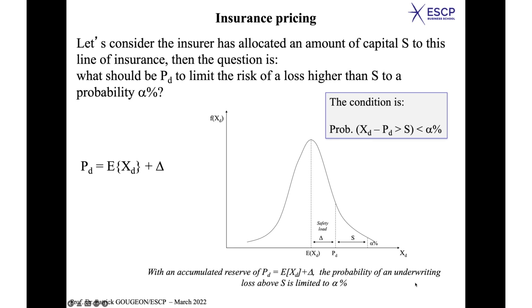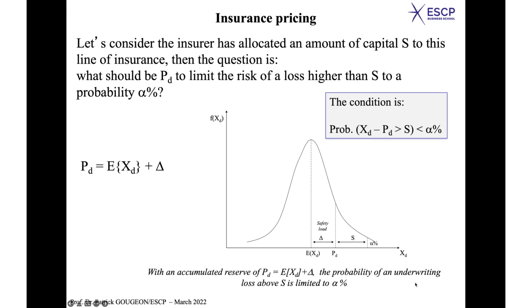You look at PD here. First of all, let's start with alpha %. Alpha % on the right side corresponds to the probability to have a loss which is higher than S, okay? Because if you have PD fixed here, you see the probability of XD minus PD to be higher than S is just alpha %, okay?